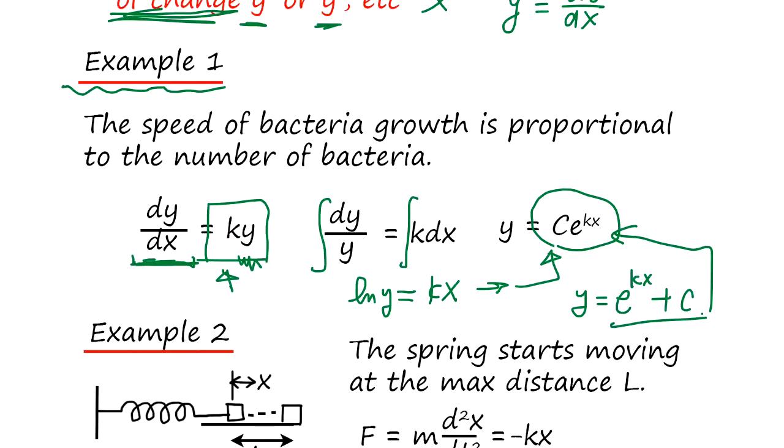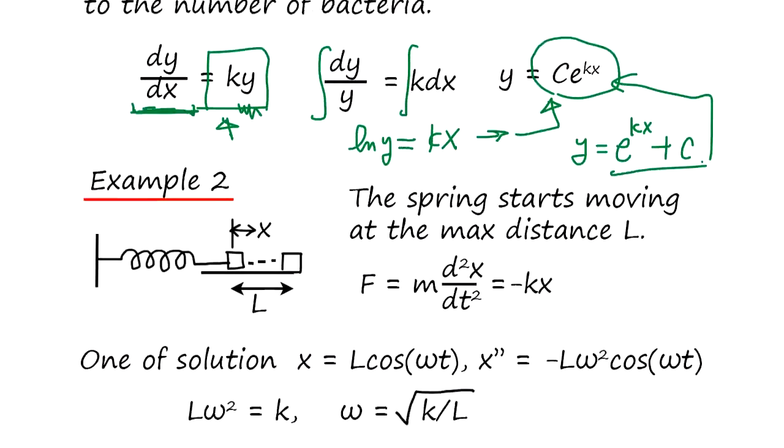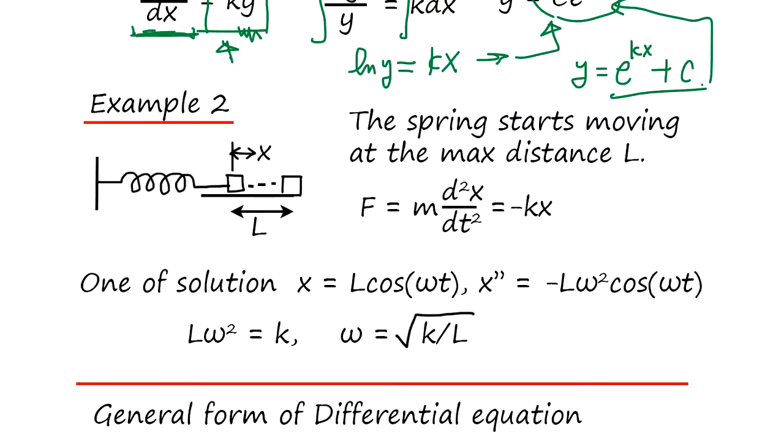Okay, so the second example here is a spring starting to move at the max distance L. You stretch the spring and release it, and take the distance x from the neutral position.